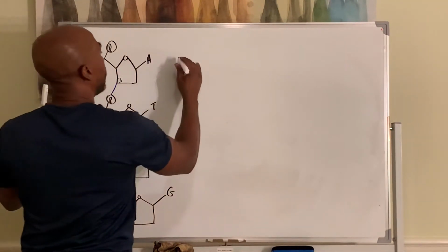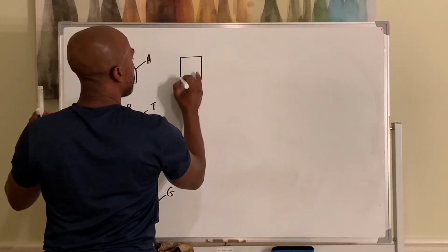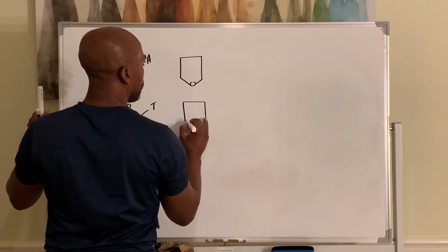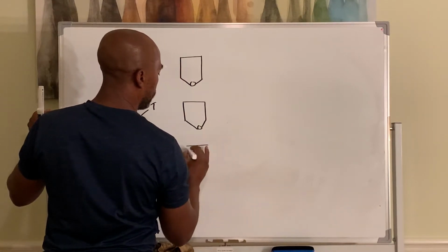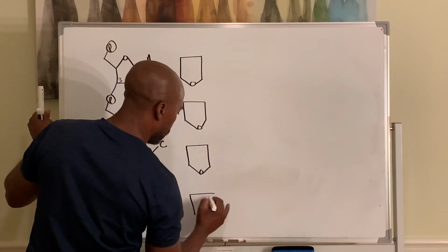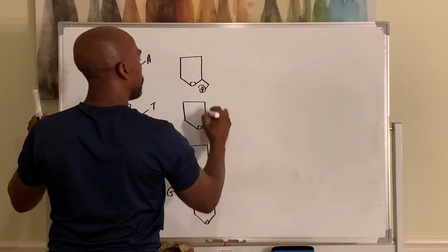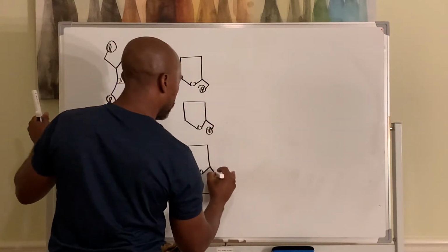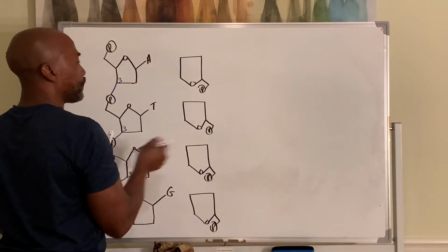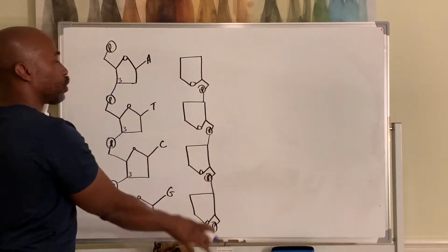So here we have, on this side now, again, the phosphates will link to the number 3 carbon, like so, to link one nucleotide to another.